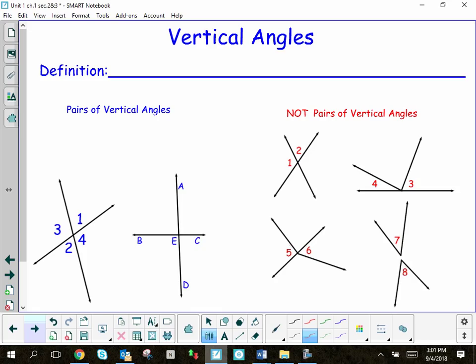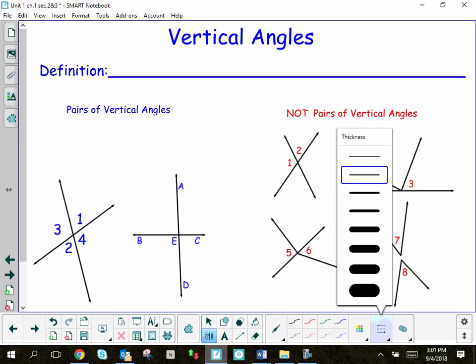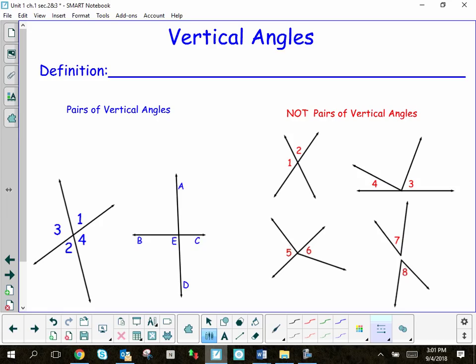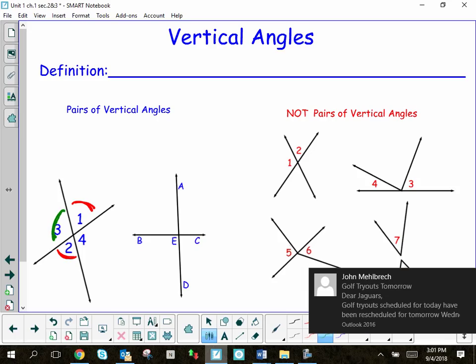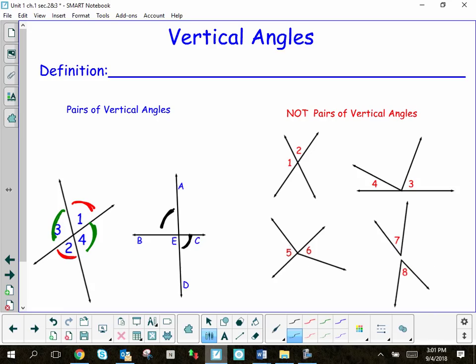Okay, so vertical angles. What are vertical angles? So let's give you a list of vertical angles over here on the pictures. Okay, so over here we've got angle 1 and angle 2 that are vertical. You've got angle 3 and angle 4 that are vertical. So I'm kind of just using some colors to match them up. You've got this angle here that's vertical to this one. And lastly, you've got this angle here that's vertical to that one.